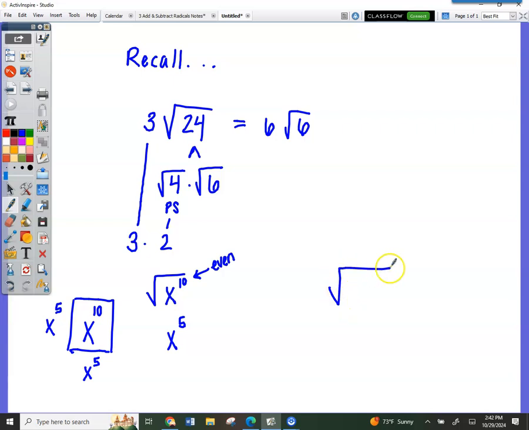Now, what's the other scenario? What type of exponent could it also be? Odd. Okay, so I'm going to do 7. So this is an odd number. Can I take the square root of a variable to an odd exponent?